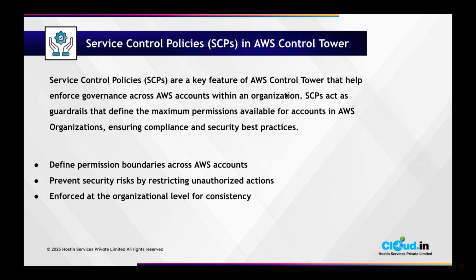SCPs work at the organizational level, meaning they apply to all AWS accounts under a specific organizational unit, unlike IAM policies, which apply to individual users or roles. SCPs apply at the broader level, ensuring that the security policies are followed across all the accounts.